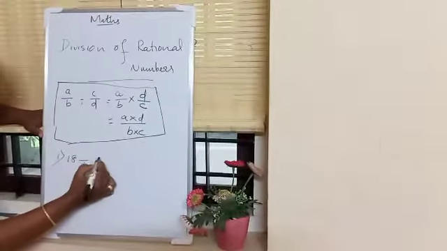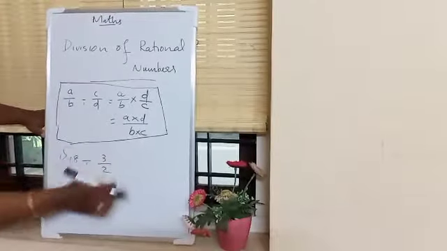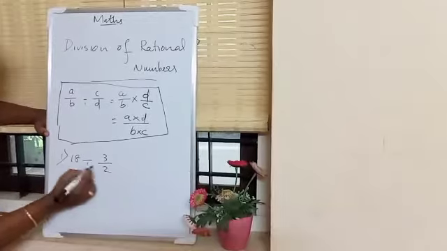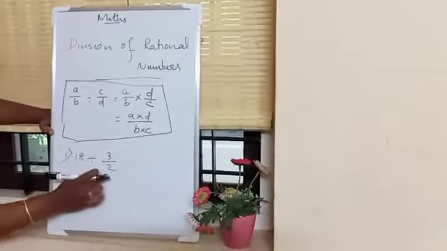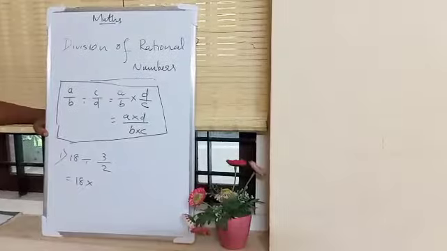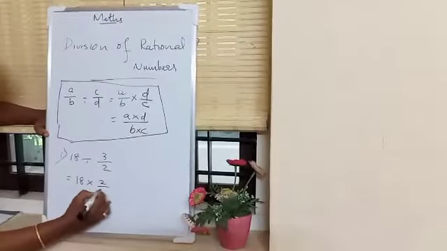You must write this in your notebook. 18 divided by 3 by 2. The reciprocal of 3 by 2 is 2 by 3. Clear?